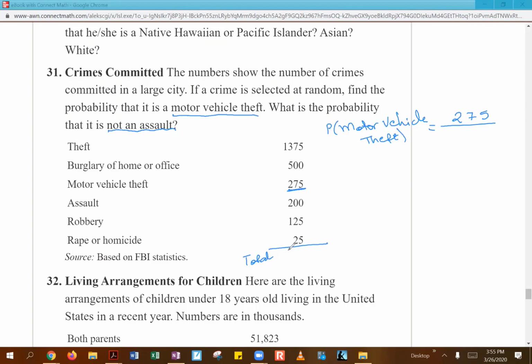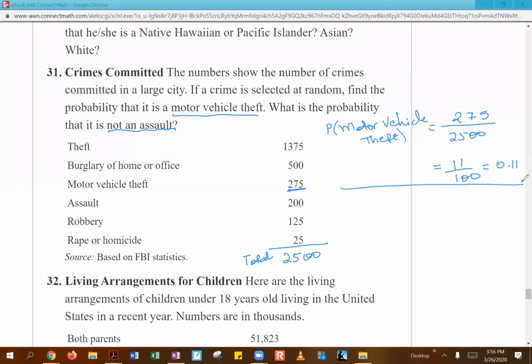That comes out to be a total of 2,500. So if you take 275 out of 2,500, that comes out to be a probability of 11 out of 100, or as a decimal, 0.11.